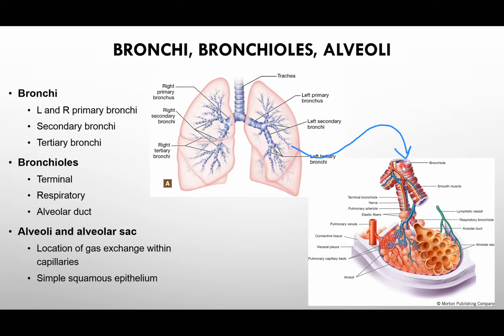The tertiary bronchi divided and divided, and eventually we reach a point that looks like this. We have a couple of different types of bronchioles: the terminal bronchioles, and then the respiratory bronchioles.